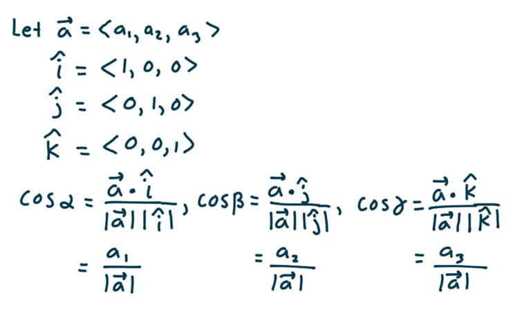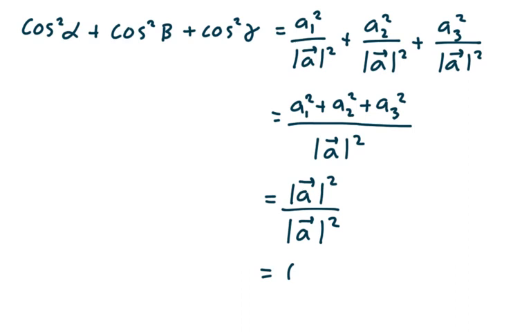Now, what I'm going to do is look at cosine squared alpha plus cosine squared beta plus cosine squared gamma. But that's A1 squared divided by the magnitude of A squared, plus A2 squared divided by the magnitude of A squared, plus A3 squared divided by the magnitude of A squared. Now notice how we have the same denominator for each of the fractions. So on the second line, I wrote A1 squared plus A2 squared plus A3 squared divided by the magnitude of A squared.